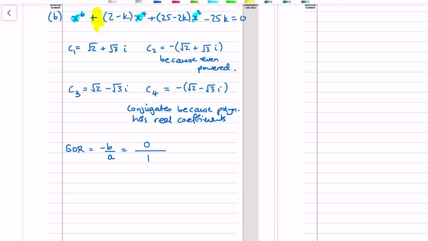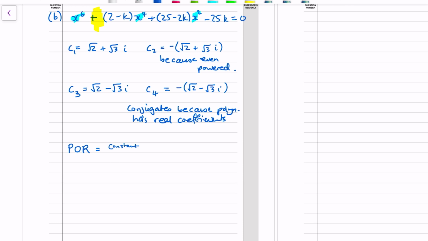The sum of the roots didn't help us because we know they all add to 0, but the product of the roots is equal to, for an even polynomial, just the constant. I'm writing constant because what letter of the alphabet are we up to?